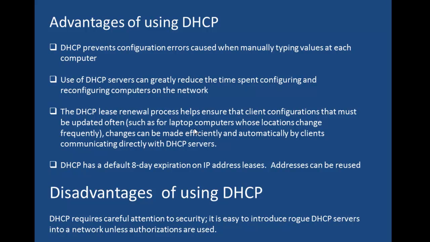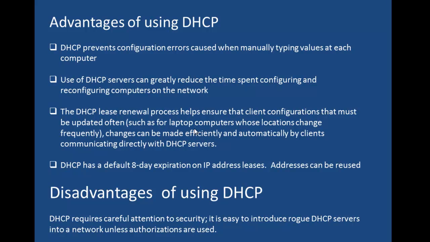If what we call a rogue DHCP server is introduced into the network, it could bring your network down. How can that happen? Well, someone can come and they can plug in probably a wireless router into your network, and the wireless router gives off DHCP addresses unless you turn off DHCP.